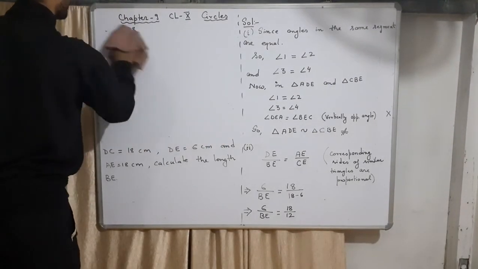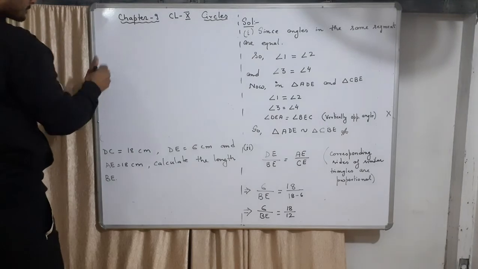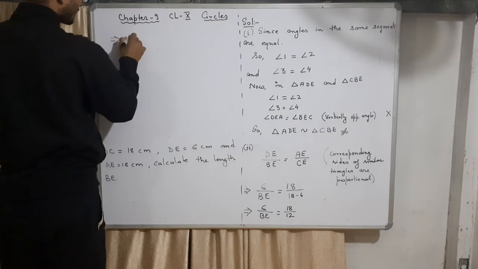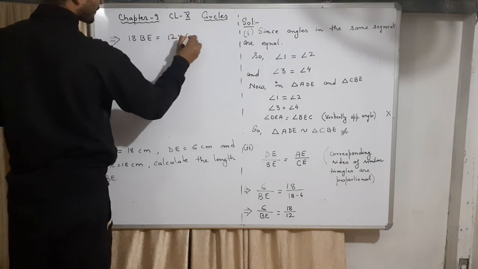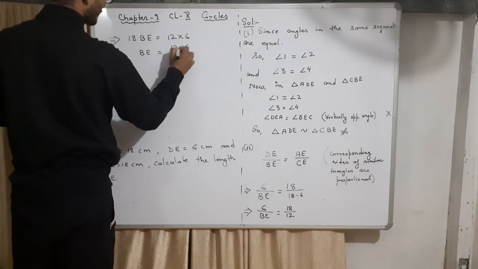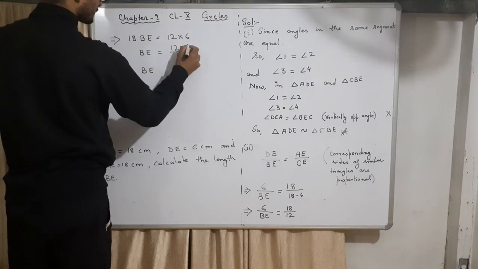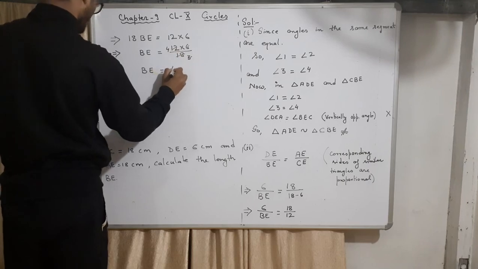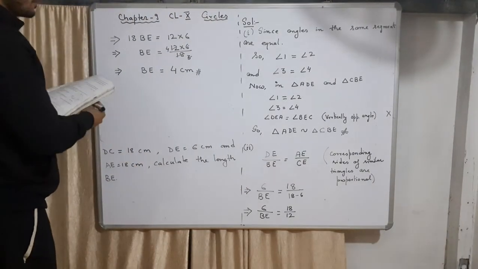Cross multiplying gives 18 BE equal to 12 into 6. So BE equals 12 times 6 by 18. 6 threes are 18, 3 fours are 12, so the remaining is 4 centimeter. These are the two answers, part 1 and part 2. That is all. Thank you.